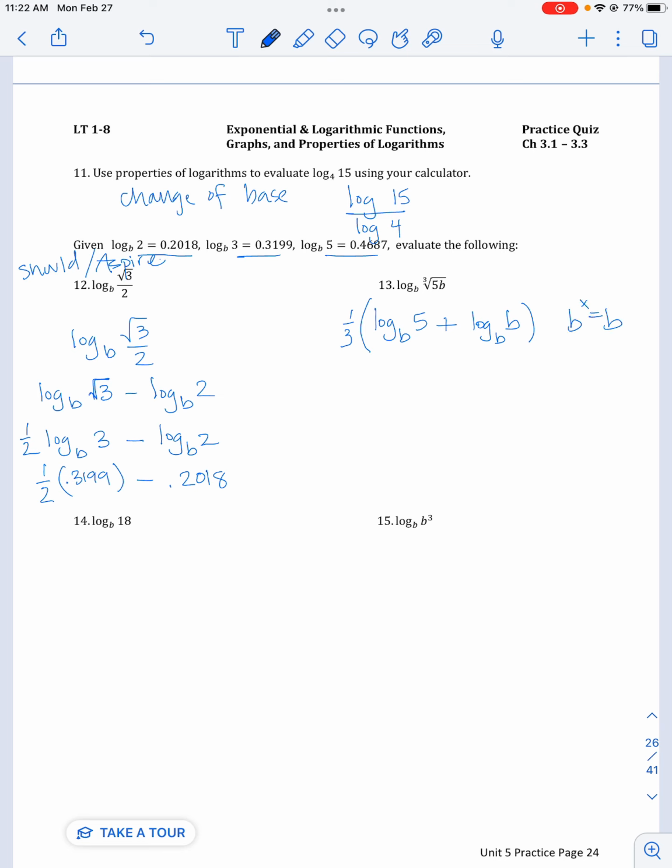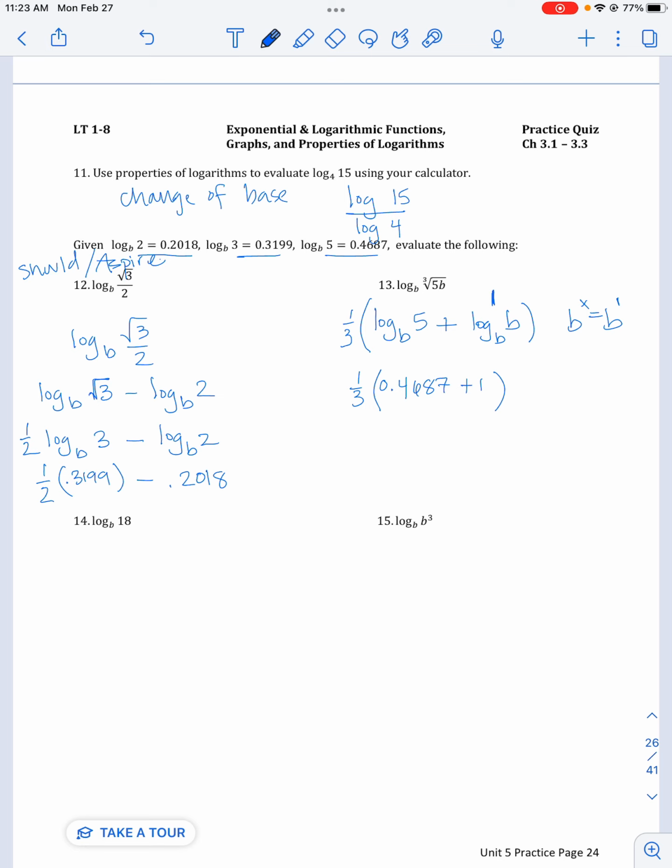Well, the answer here is 1. So log base b of b just cancels to 1. Now, I can't ignore the other term, I have to add whatever log base b of 5 is, which is 0.4687. So that's 0.4687 plus 1, times 1/3.